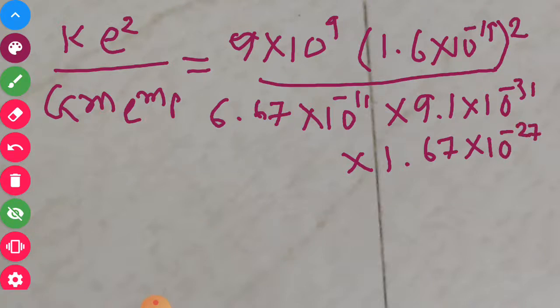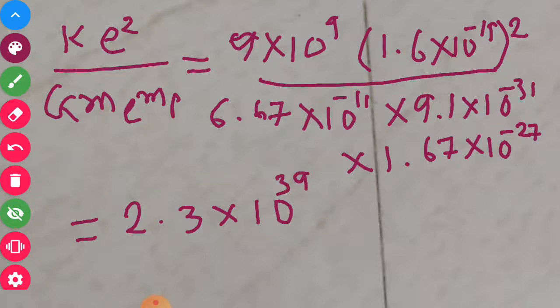Now if you simplify all the powers and the values with the help of a calculator, then roughly you will get approximately 2.3 into 10 to the power 39.